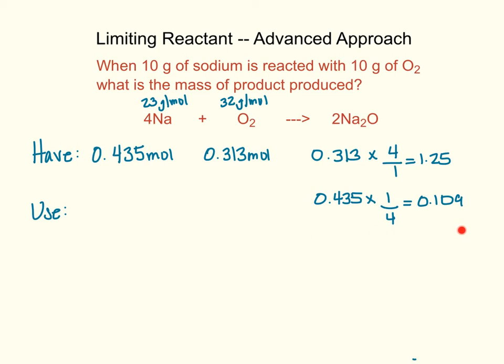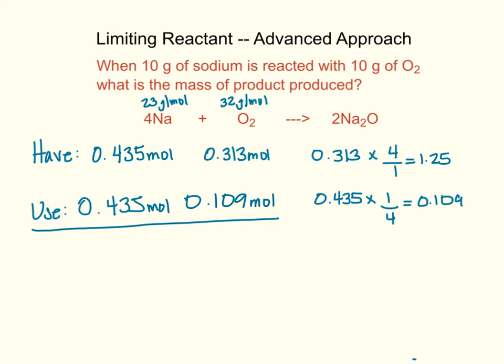So I put our original conversion back here. I know that I'm not going to be able to use up all of my oxygen, but I am going to use up all of my sodium, 0.435, because I have enough oxygen to do that. To do that, I'm going to use 0.109 moles of oxygen to use up my 0.435 moles of sodium.